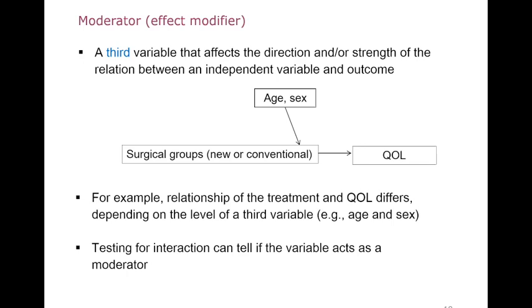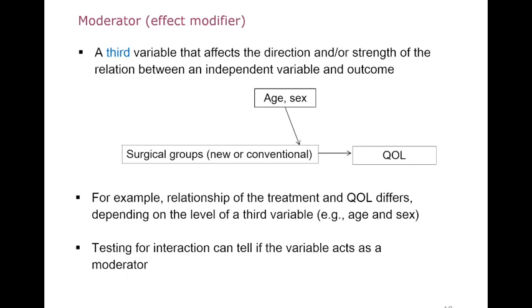Hypothetically, if you see an effect on the direction, that's also a moderator, an effect modifier. In summary, the relationship of the treatment and quality of life differs depending on the level of a third variable. Here, for example, age, older versus younger, and gender. In this case, this third variable is called a moderator, or effect modifier.